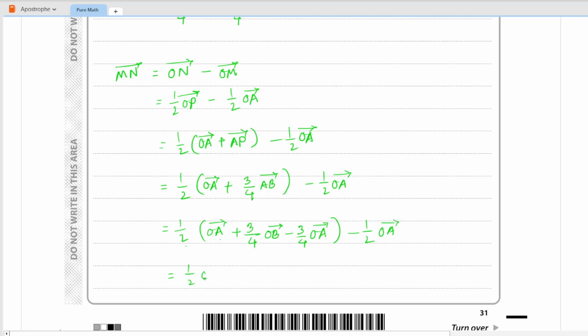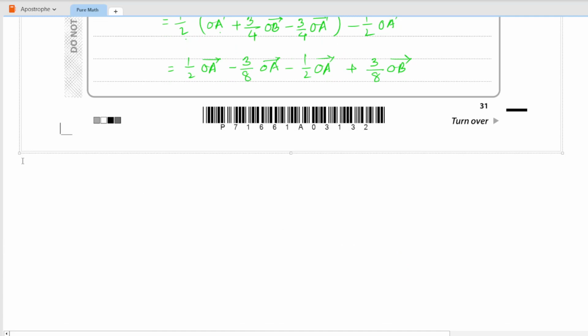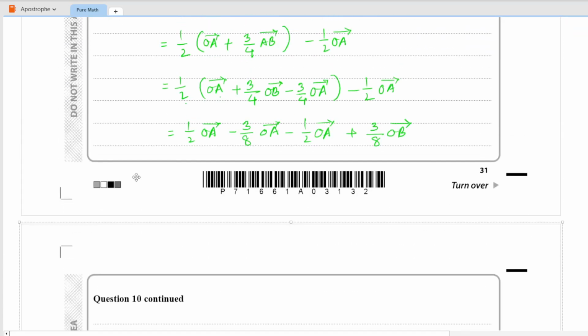Let's just multiply. I think that's better. Half OA minus 3/4 times half, so basically 3/8 OA, and in here we have minus half OA and plus 3/8 OB, and we just have to add everything here to get the MN.